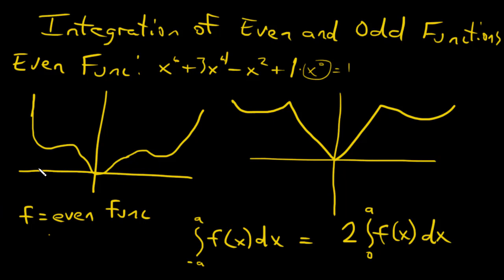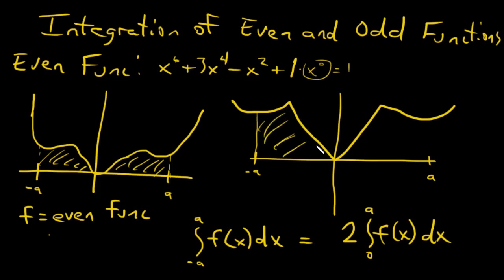If I'm going from negative a to positive a, what I'm getting is the area under two pieces that are exactly the same. So no matter where I put my a, as long as it's in the negative a to a, the two pieces are exactly the same.